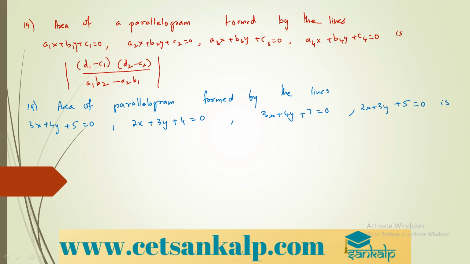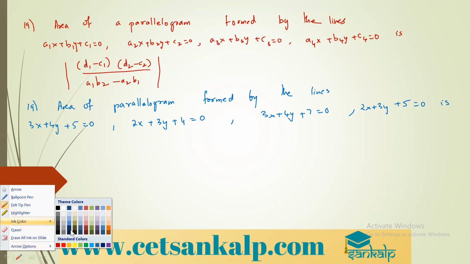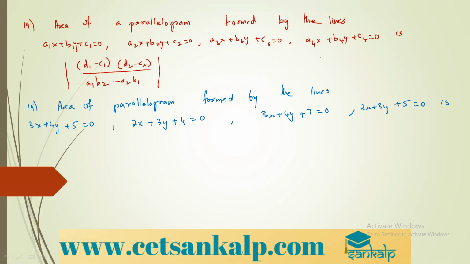One thing you have to observe in a parallelogram: when you draw a parallelogram, the first side and the third side are parallel. So the first side and third side will have the same A1, B1. That means this is the first side, this is the third side.